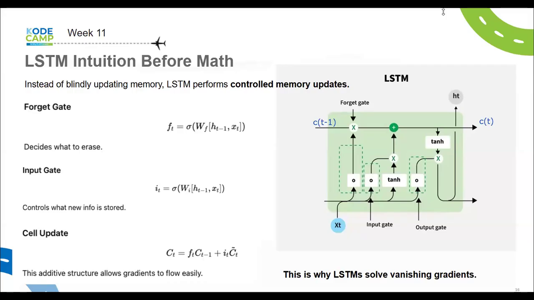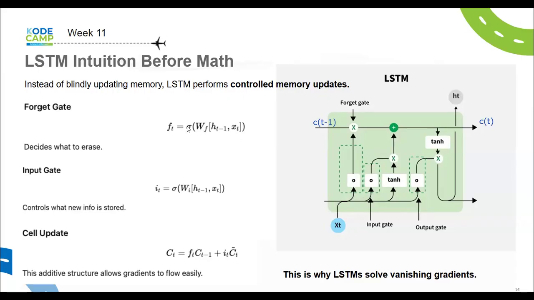Right. So now we have talked about the two gates. They are basically the same. They are both derived from the same thing. I'm sorry, the forget gate is derived from the previous hidden state and current input, with a different set of weights.